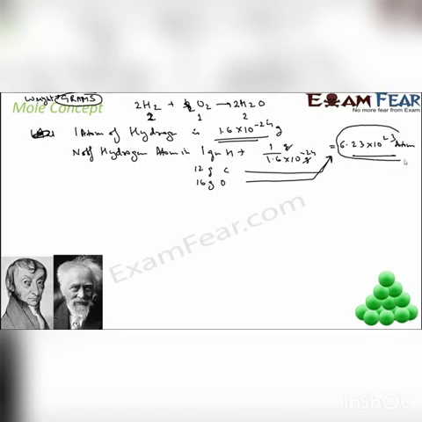This becomes a very unique number because, as the general formula, the atomic mass in grams of any atom has these many number of atoms. You take 12 gram of carbon, 14 gram of nitrogen, 16 gram of oxygen, all these will have this many atoms. Right? This is what is seen experimentally.